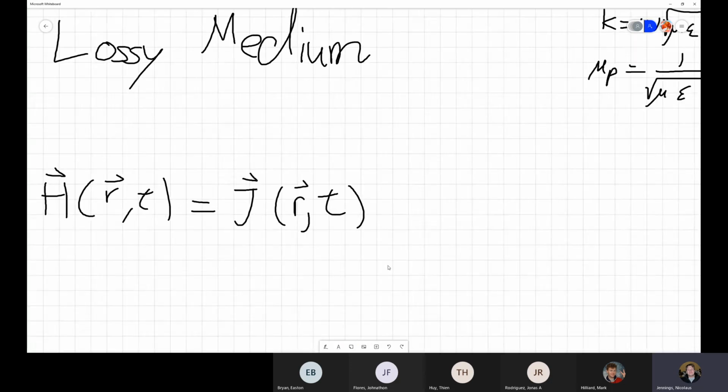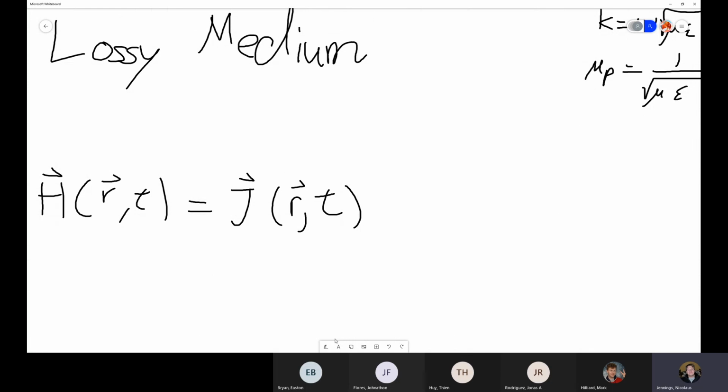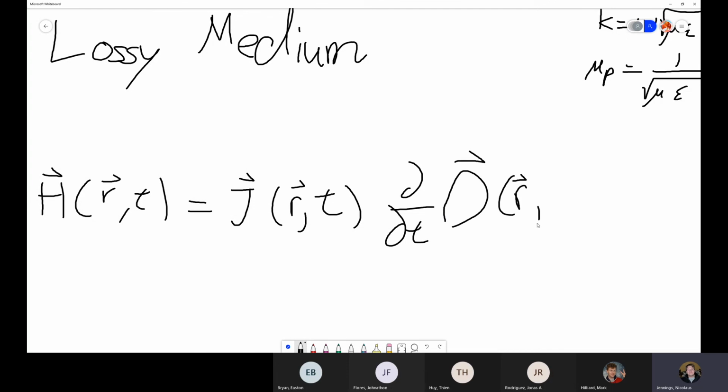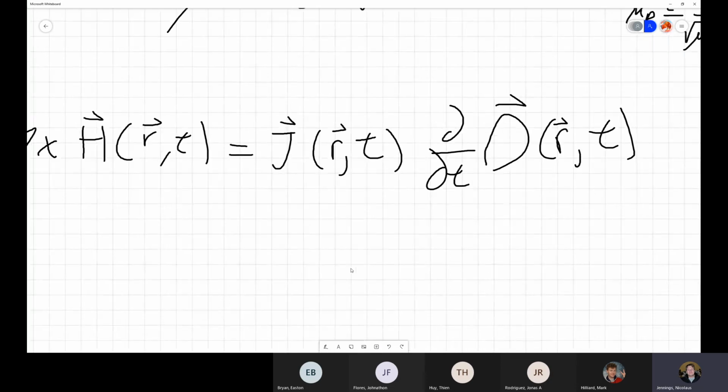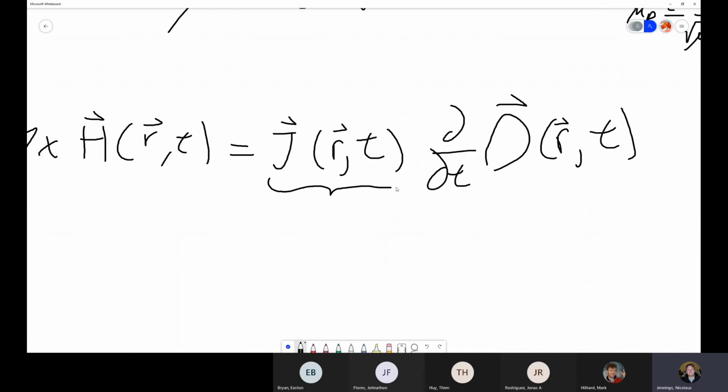Then we have our displacement current right here, which is d/dt. This guy right here contains the current put in and the conduction current as well.